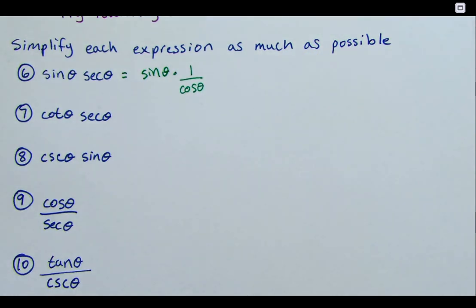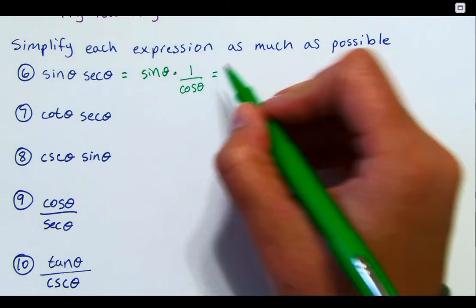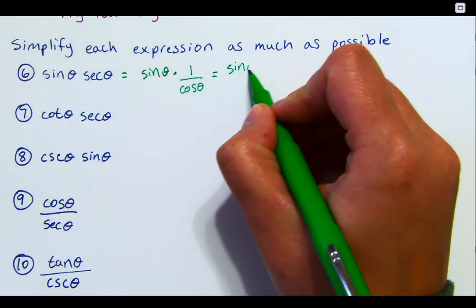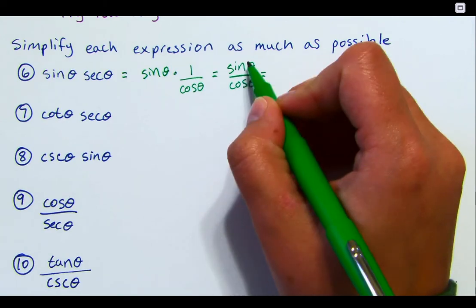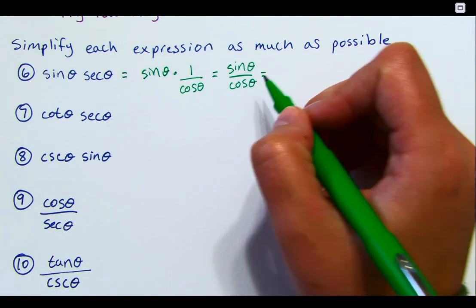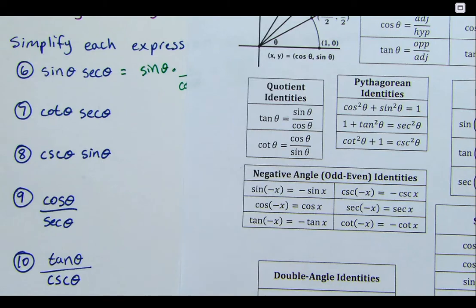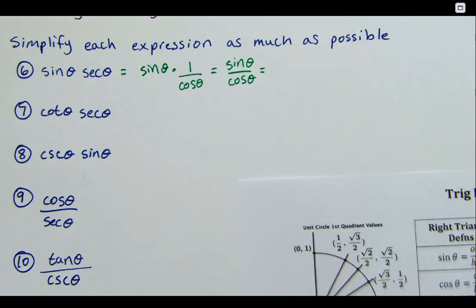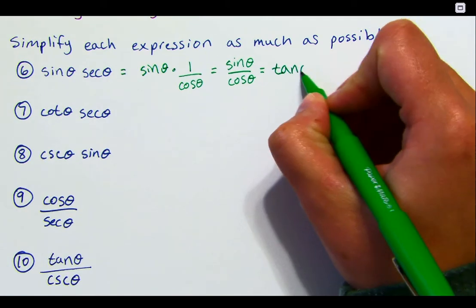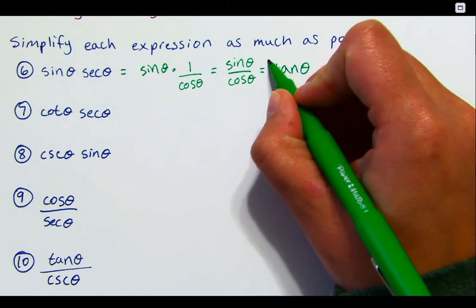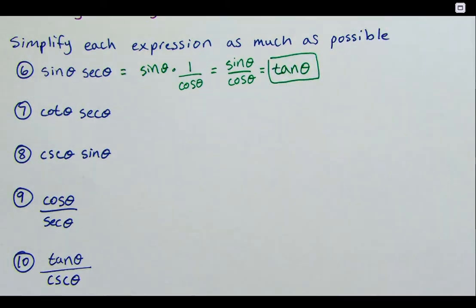And since we're multiplying straight across, this will become sine theta over cosine theta. And then I should be able to recognize that as the quotient identity, so to get tangent. And then I have a single term. I don't want to go any more. So this is going to be my final answer.